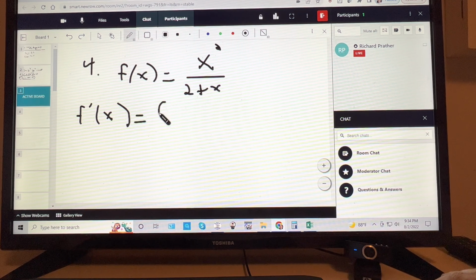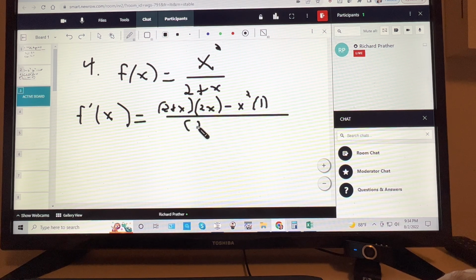Second times the derivative of the first. The derivative of x squared is 2x. Minus the first times the derivative of the second, which would be this 1 right here from the linear part, over the second squared.